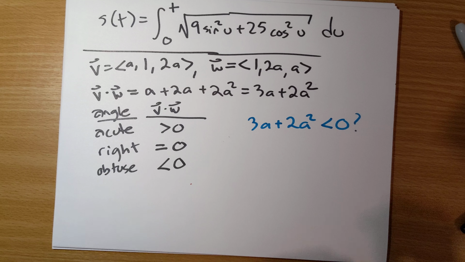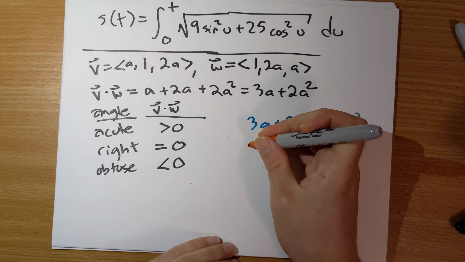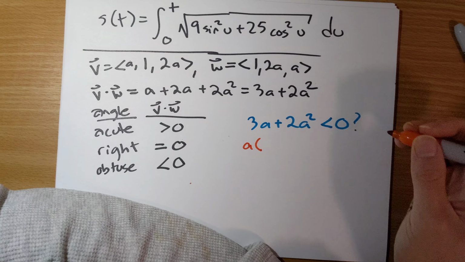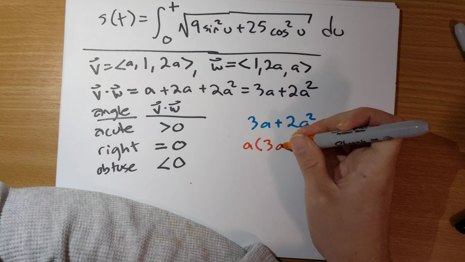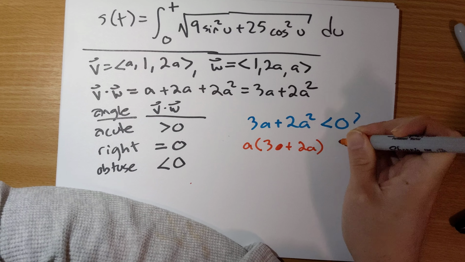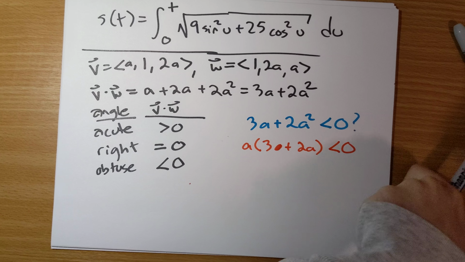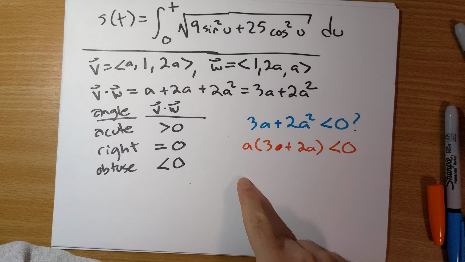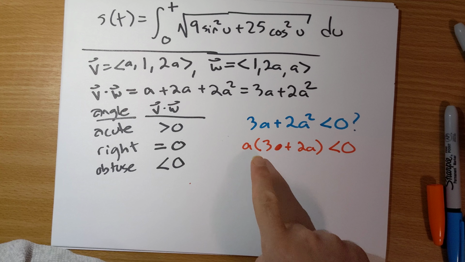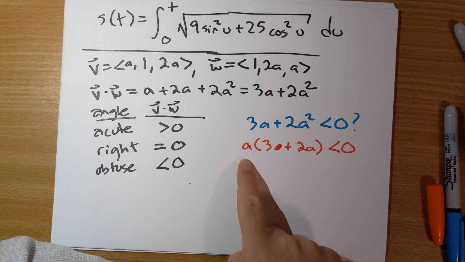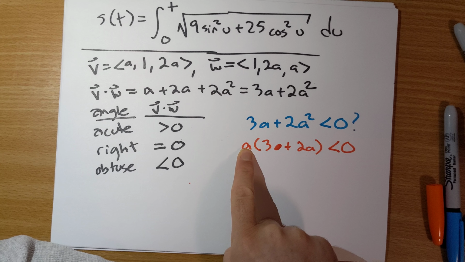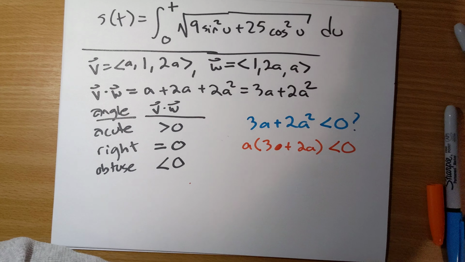Okay, so the way to analyze this is, let's factor out an a times 3 plus 2a. We want this to be negative. Now, first thing to realize is that if a is greater than or equal to 0, then this term will be positive and this term will be positive.